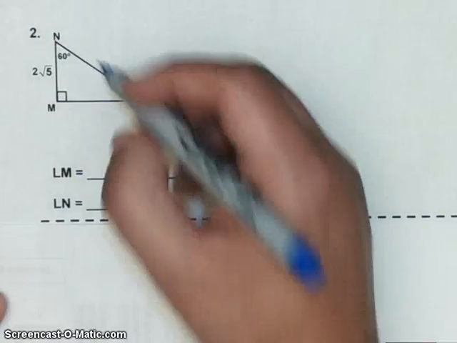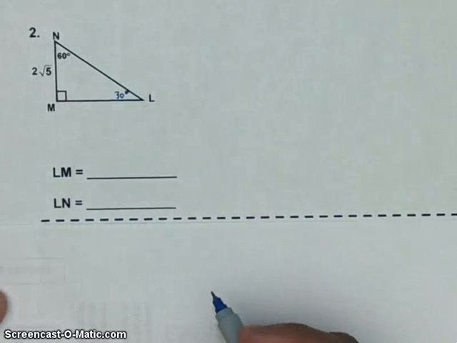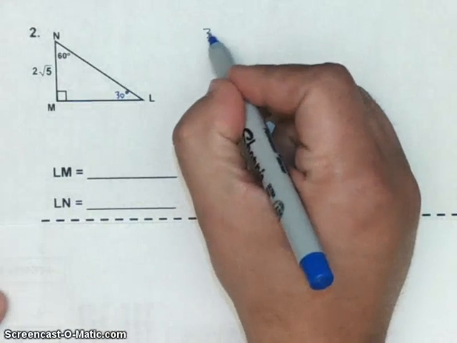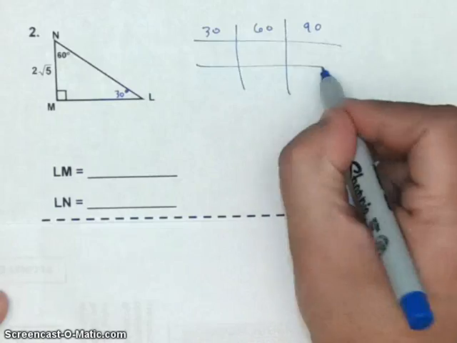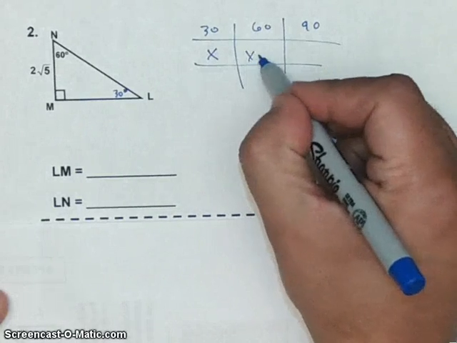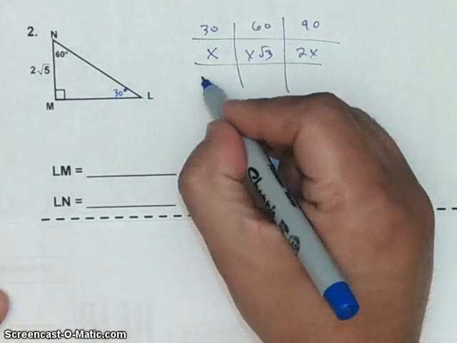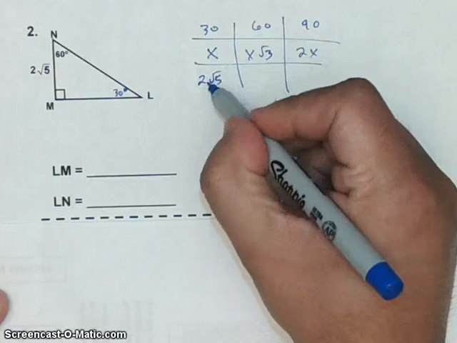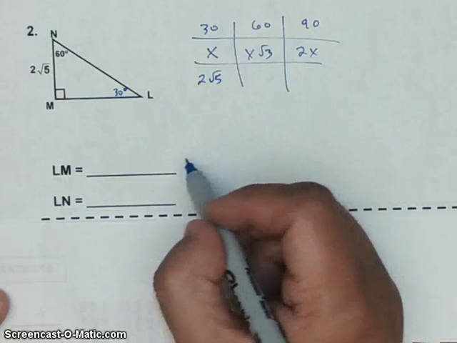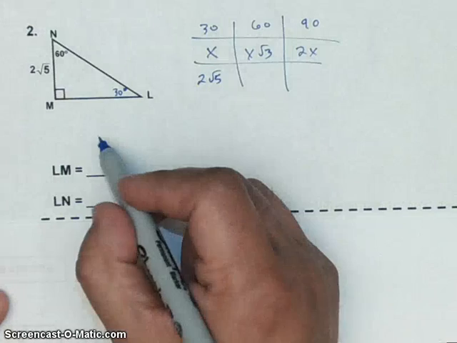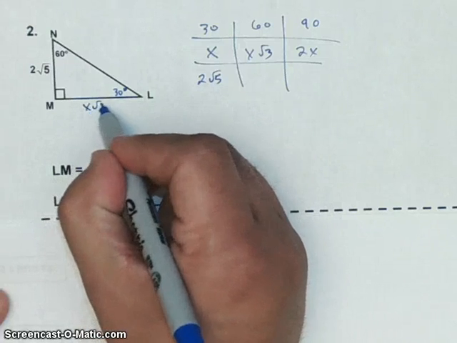Alright, so here we go. We're going to look at another one. If this is 90 and that's 60, that means this angle over here has to be 30. Again, if you want to build this little table to help you keep straight what is equal to what, across from the 30 is x, then x square root of 3, and 2x. Across the 30, that's 2 square roots of 5. So I know x is equal to 2 square roots of 5. That means LM, this side right here, is going to be equal to x square root of 3.